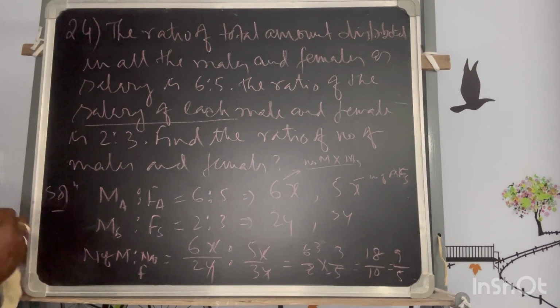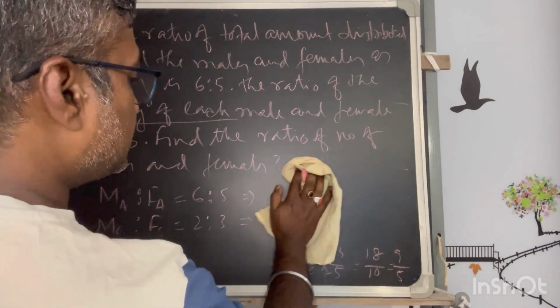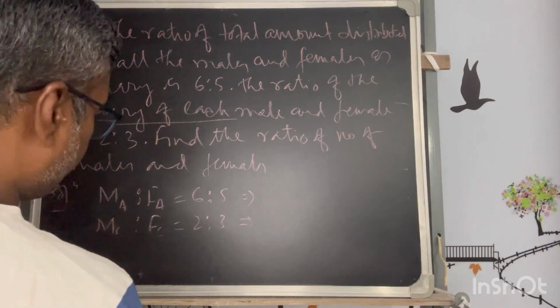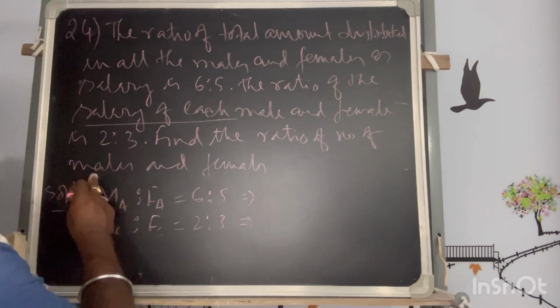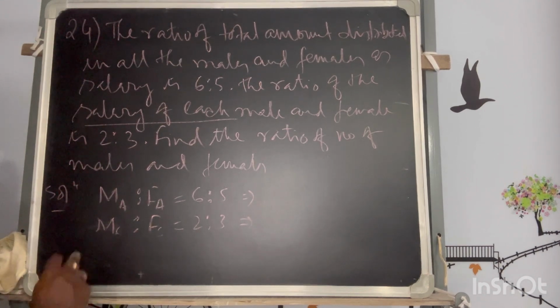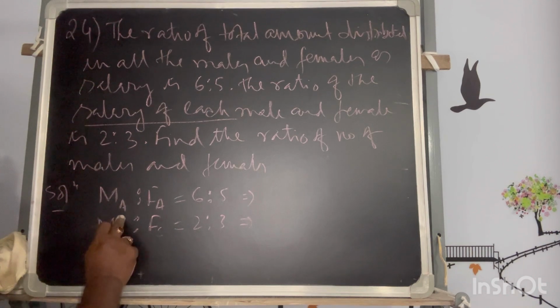Now this is the elaborate method. Now what could be the direct method? We know the number of male is the total amount divided by the salary drawn by each male. This is the total amount received by all male, and this will be the salary drawn by each male.